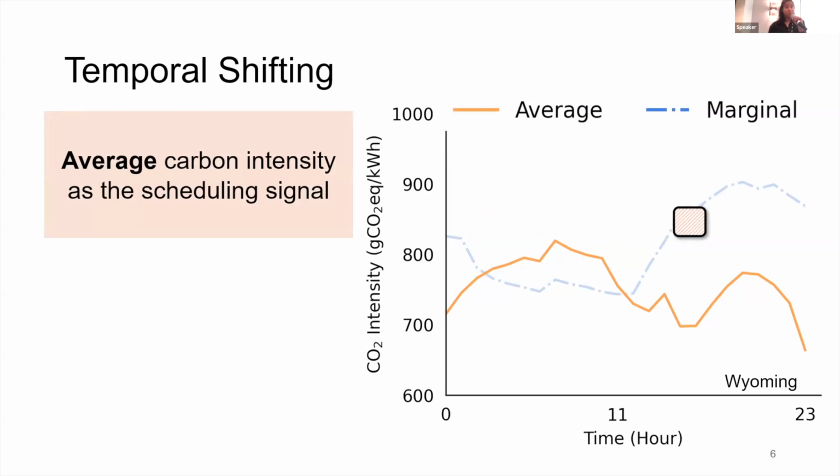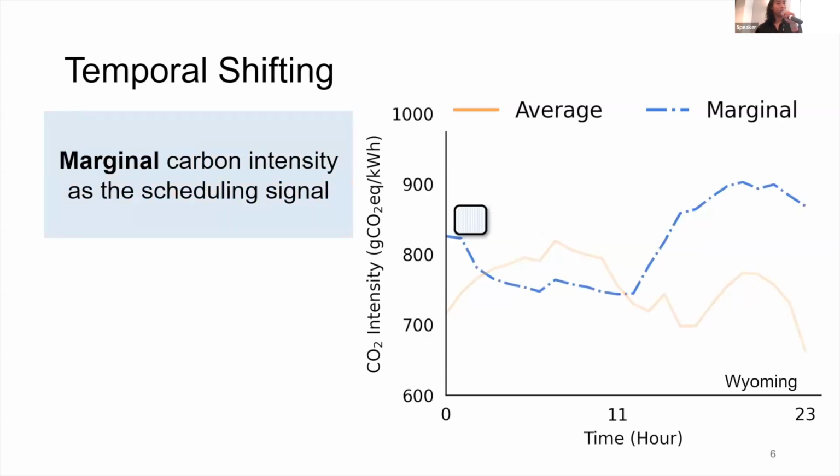But from the perspective of the marginal intensity signal, this low carbon period of one signal is a high carbon period of the other. Similarly, when you use the marginal carbon intensity signal as a scheduling signal, you want to shift the workload to the low carbon period of the marginal carbon intensity. But from the perspective of the average carbon intensity signal, this is the high carbon period.